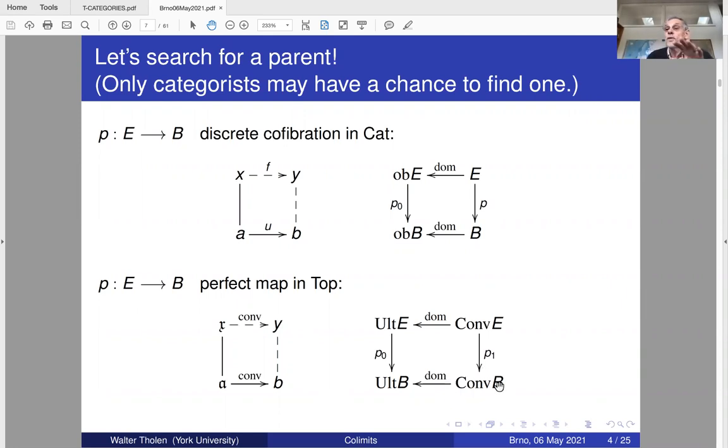Conv B is all the pairs: the first component is an ultrafilter, the second component is a point of convergence. And the first projection of this relation I suggestively called domain again. So if you have this scenario, then there is a unique pair up here, but the first component is already determined to be X.